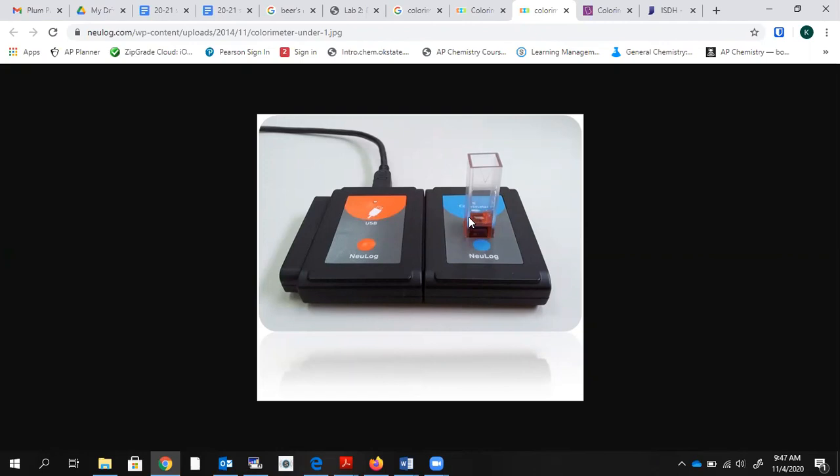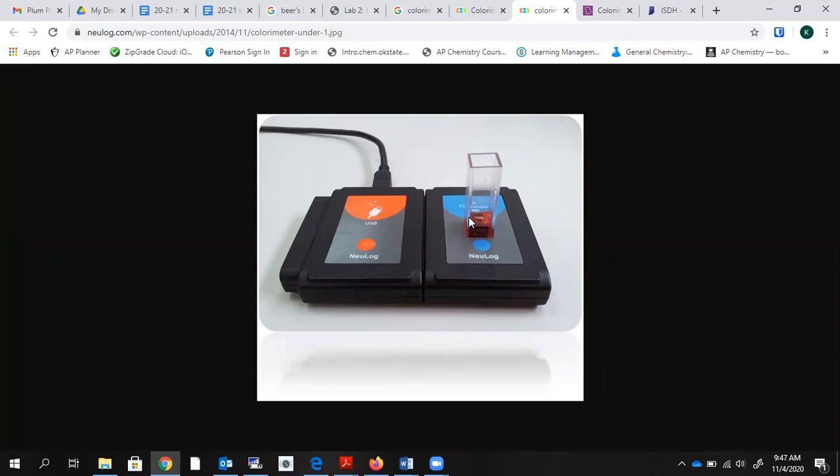So interestingly, samples absorb best at the total opposite color, if you think about your color wheel, from the color that we see. So if we see a red sample, we know that it's going to absorb best in the green range. If we see a blue sample, we know it's going to absorb best in the orange range. If we see, what color am I missing?